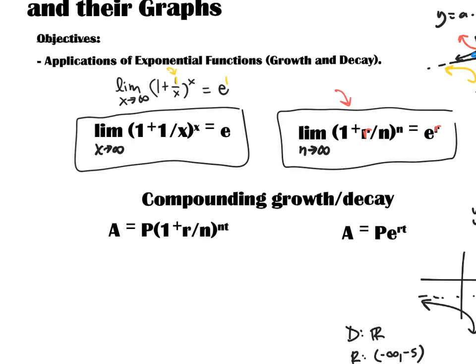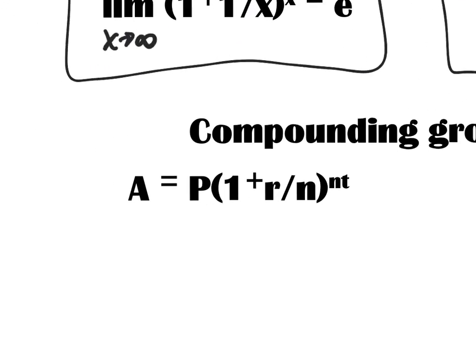Now, why do we take n to infinity? Well, when we look at this, you'll probably recognize this from higher algebra. This is the compounding interest formula for investing and all sorts of stuff that can be used in finance, where p is the initial principal value, r is the rate.